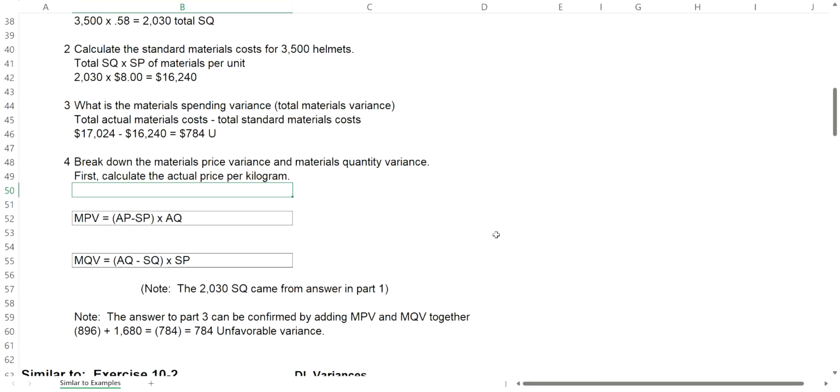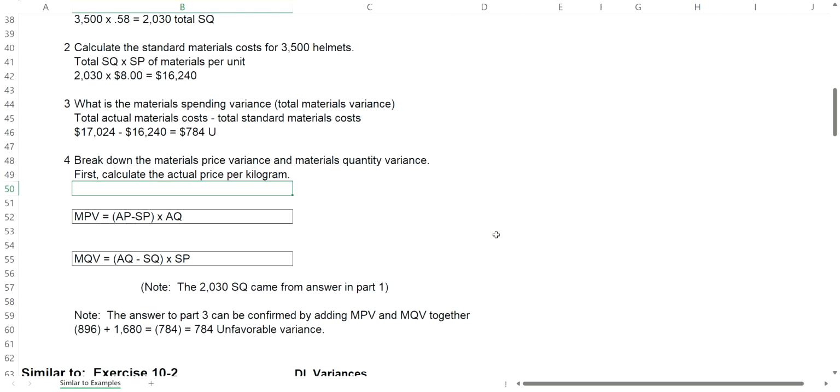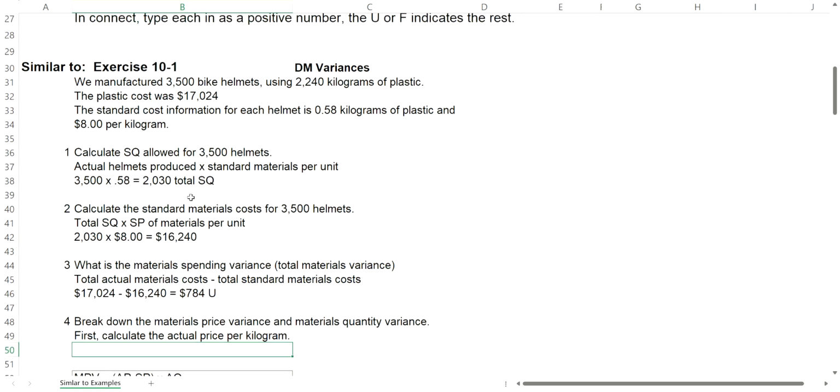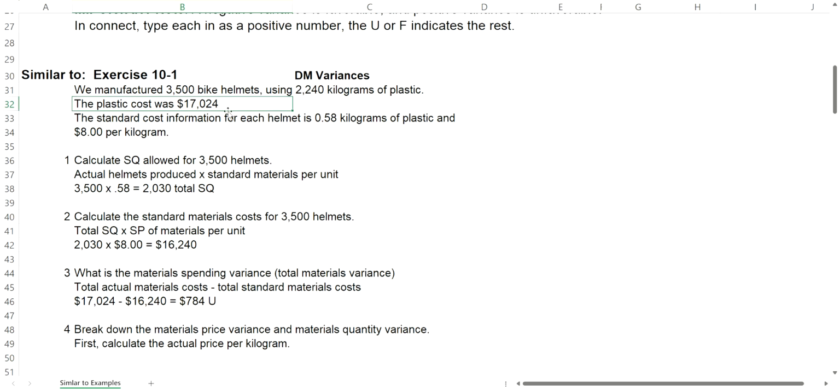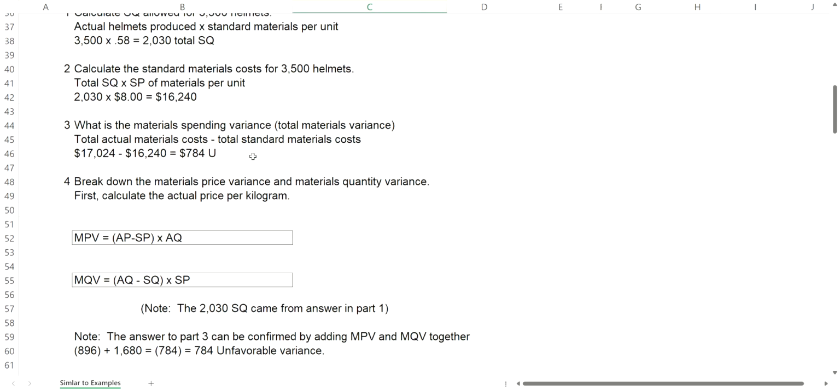Okay, now we're going to break that $784 down to how much of that is a material price variance and how much of that is a material quantity variance. So first of all, we want actual price and standard price on a per unit, or in this case, per kilogram basis. So I am given here in the problem that I actually spent $17,024 to buy 2,240 kilograms.